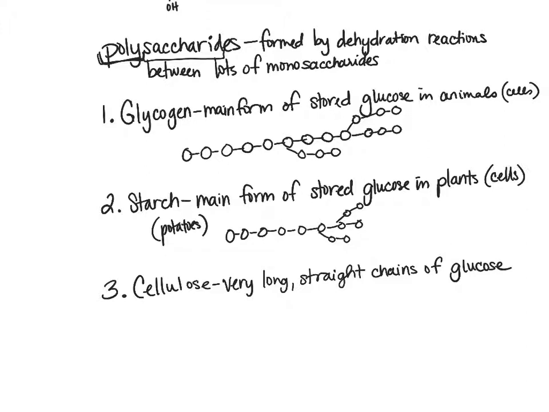So while we said that starch is the main form of stored glucose in plants, meaning for energy, and glycogen is the main form of stored glucose in animals for energy, cellulose is a stored form of glucose in plants, but it's not stored for energy.